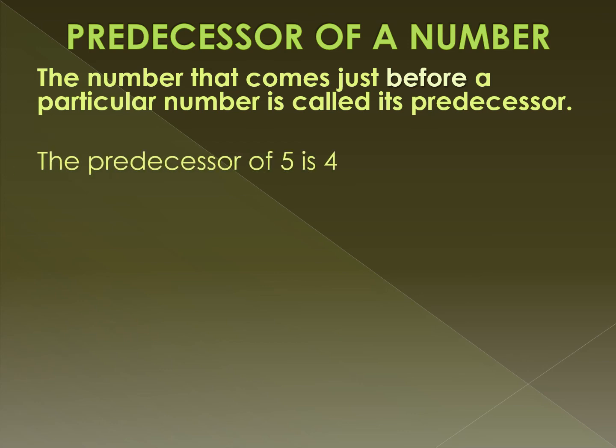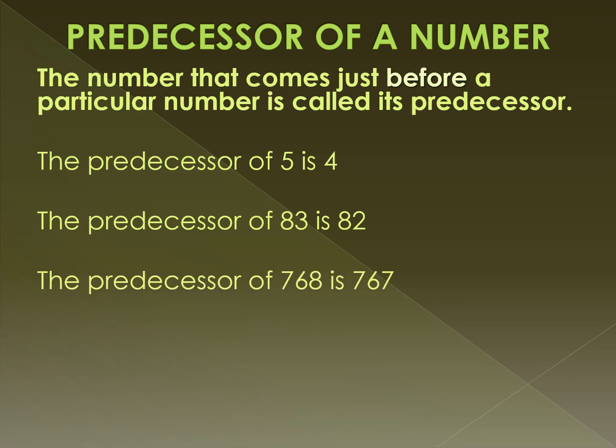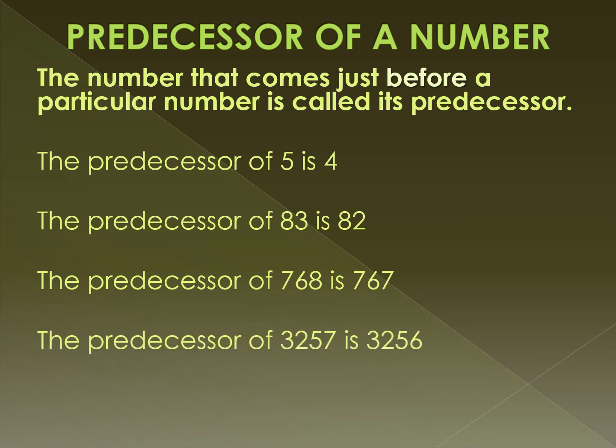Let's look at some examples. The predecessor of 5 is 4 because 4 comes before 5. The predecessor of 83 is 82, the number that comes before. The predecessor of 768 is 767. And the predecessor of 3257 is 3256.